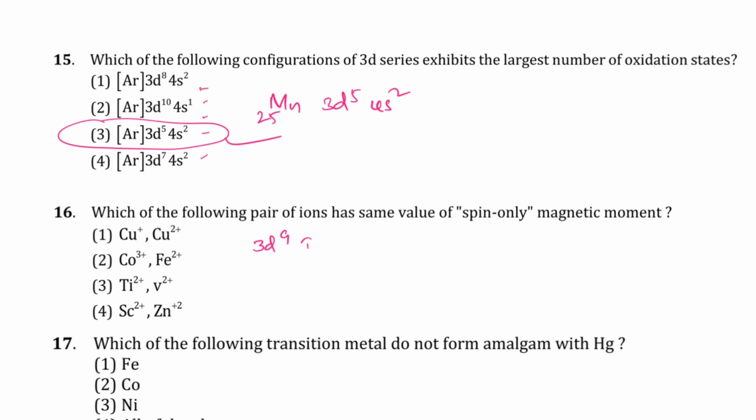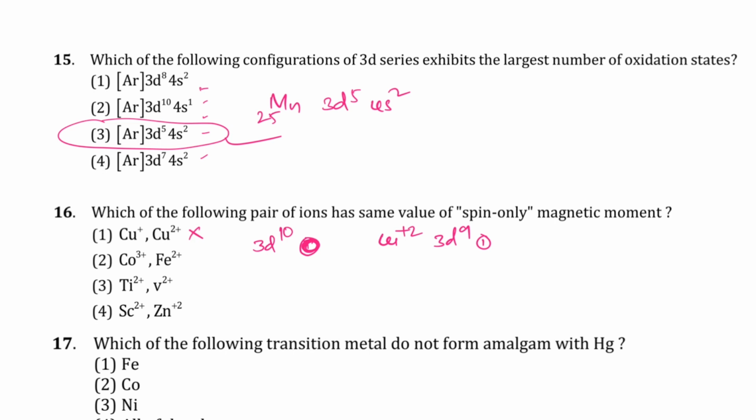And Cu plus 2 is 3d9, one unpaired, while this is 3d10, so 0. Therefore, here they do not have the same spin-only magnetic moment, so this is the wrong answer.